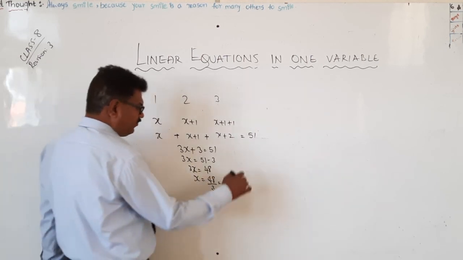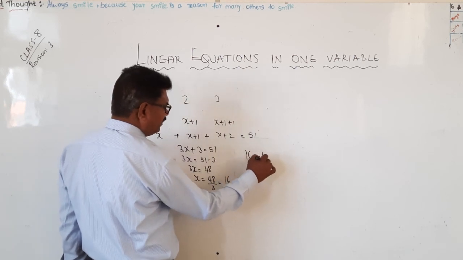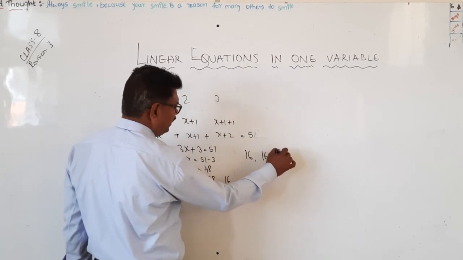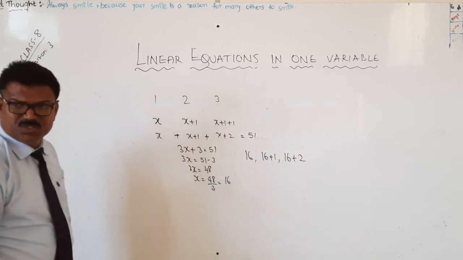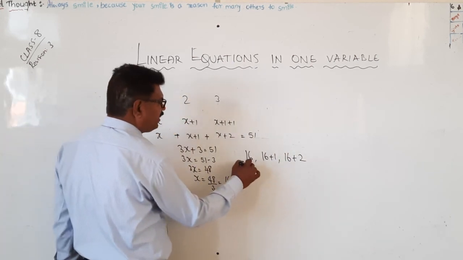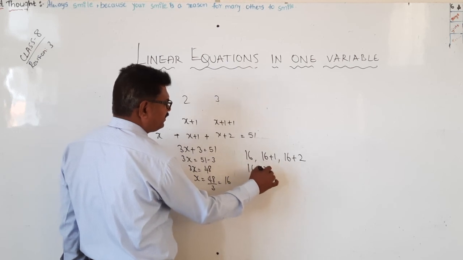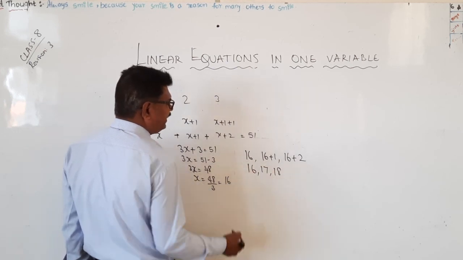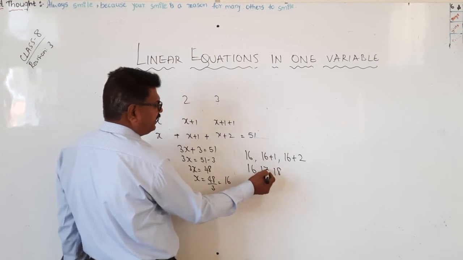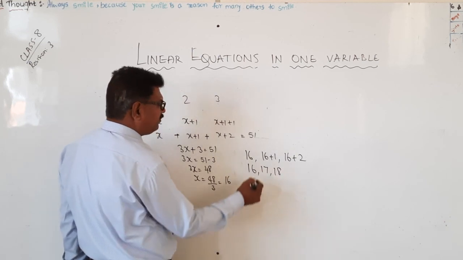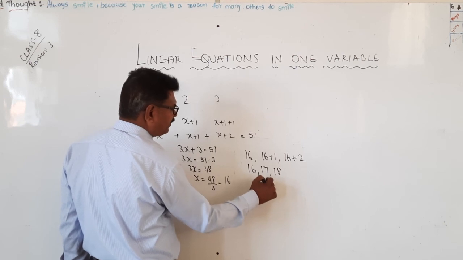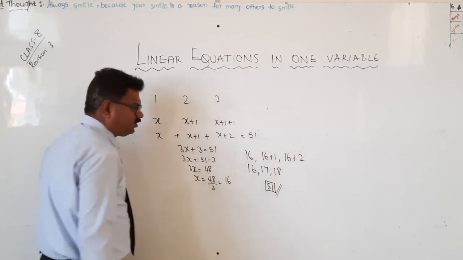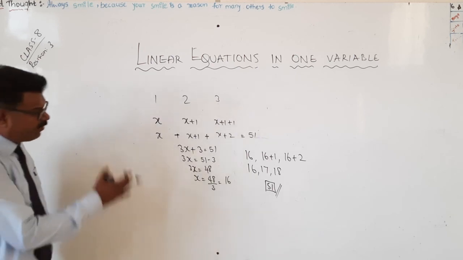Now the first number is 16, the second number is 16 plus 1 and the third number is 16 plus 2. Now the numbers are 16, 17 and 18. You can verify: 16 plus 17 is 33, 33 plus 18 is 51. Okay? So you should take the numbers like this.